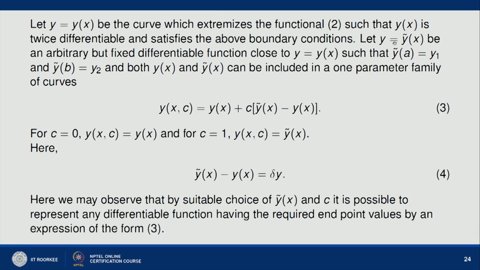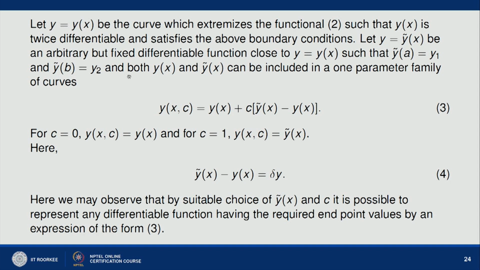And let us take an arbitrary fixed differentiable function which is close to y of x. Arbitrary in the sense that it can be any differentiable function satisfying the boundary conditions that y tilde a equal to y1 and y tilde b equal to y2 in the neighborhood of y of x. Fixed in the sense that once it is taken, it is fixed.